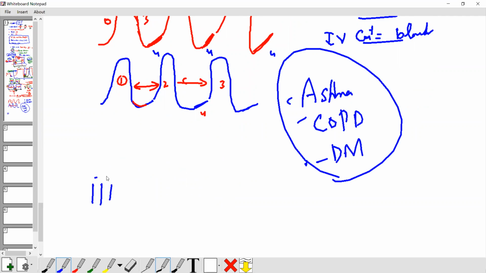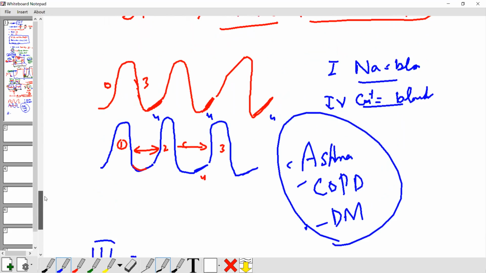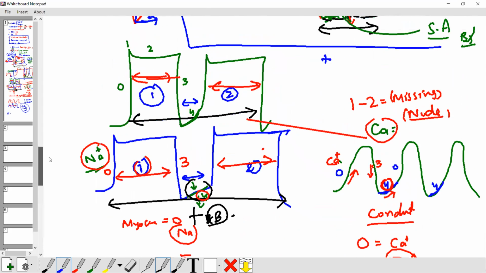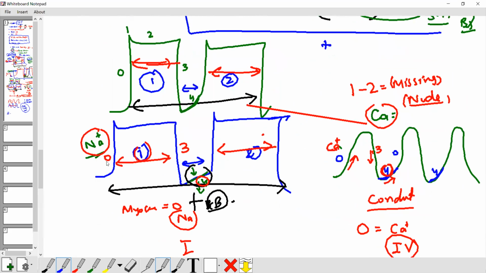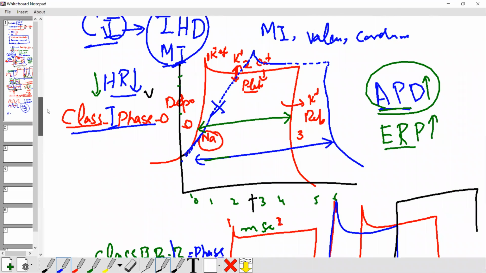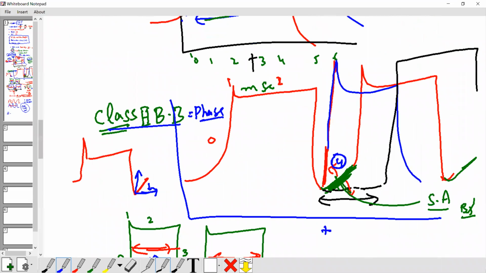Class 3. Class 3 acts on which phase? First we decide the phase, then we see what happens. Come to this picture: phase 0, phase 1, phase 2, phase 3, phase 4.